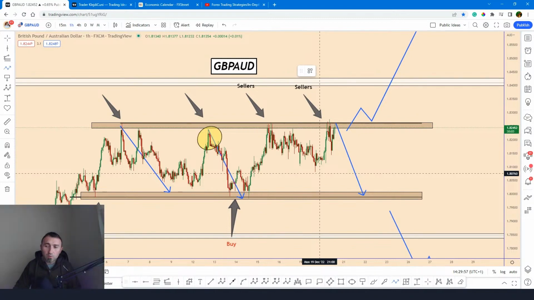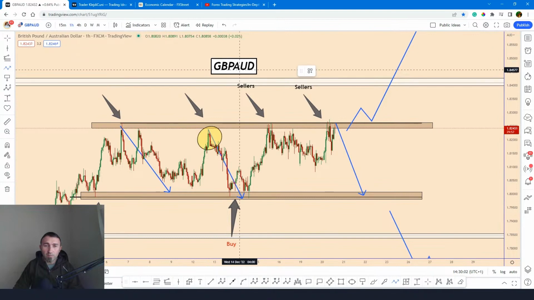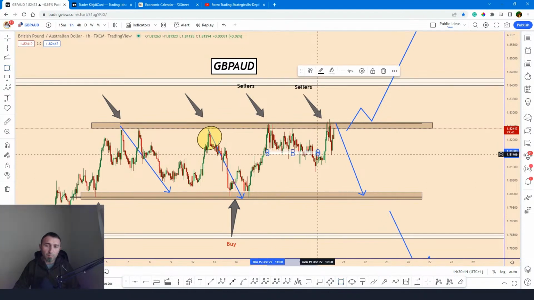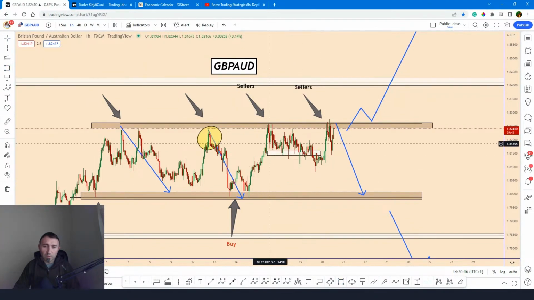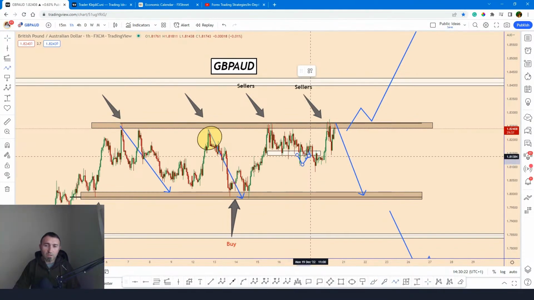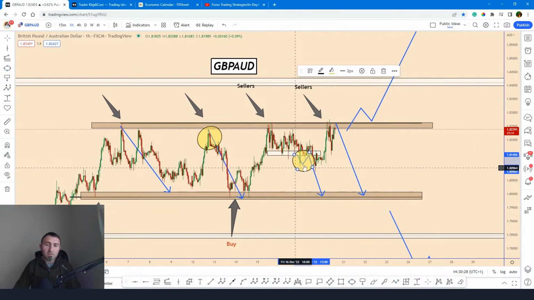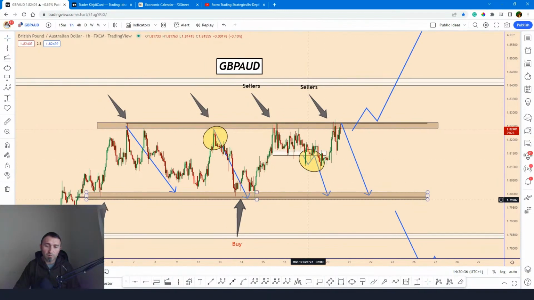What I explained also during the previous analysis related to cable Australian dollar was the fact that we shouldn't jump on this type of scenario in the middle of the pattern. It is very, very risky. As you may have seen, many were looking at this point, as I was looking at the analysis posted on TradingView, but this point is not profitable at all if you are going to sell and take this part of the move as a profitable move.